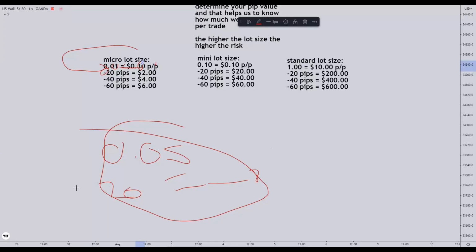So it's going to be 10 cents times 6 positions.